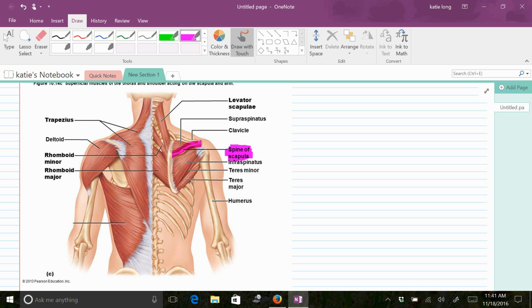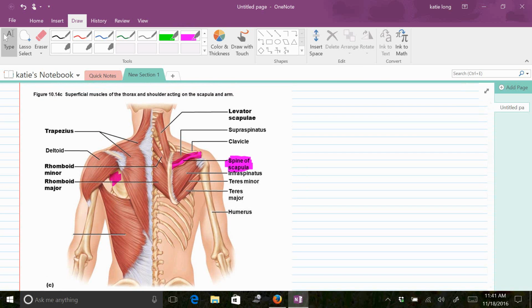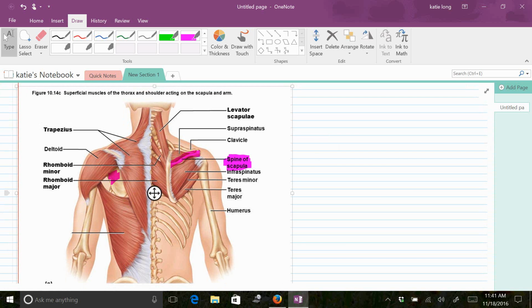You can see your scapula here, if it will let me do a little highlighting. Oh goodness, I have a little technical error, I hope not. Okay, give me one moment. There we go. So we have our scapula in pink there, and then you can't really see it well, but our clavicle would be about right there.